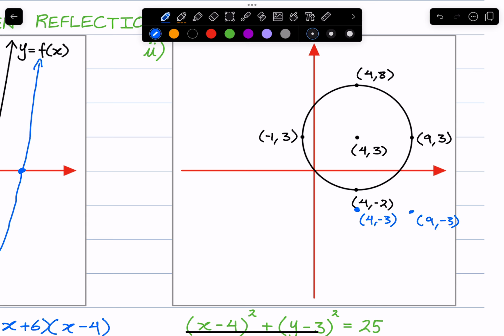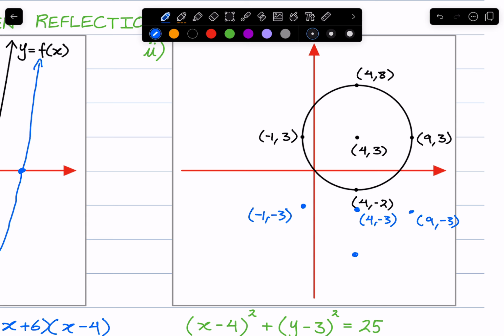And this process would repeat for all the y values of this circle. So this point would also become a -3 for the y value. So -1, -3. This point, its y value would become -8.